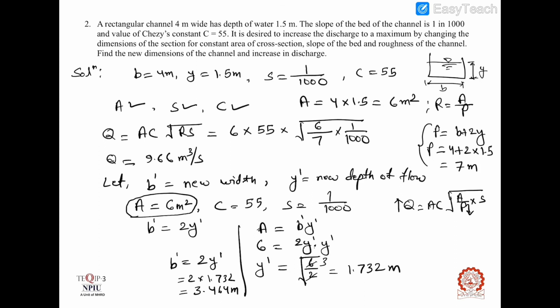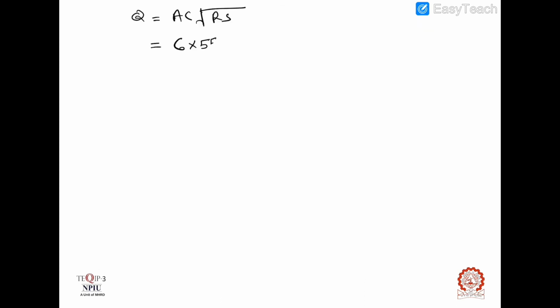Now we have to find the new maximum discharge. For that we have to apply Chezy's equation, that is AC root over RS. Area of flow is 6 meter square. Chezy's constant is 55. Hydraulic mean depth for most economical section is half of depth of flow, means Y dash by 2.